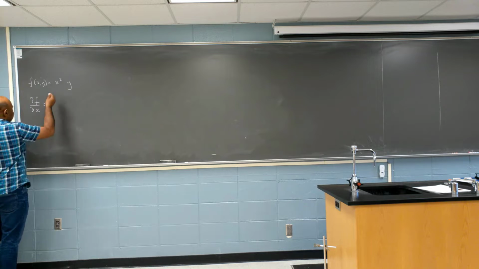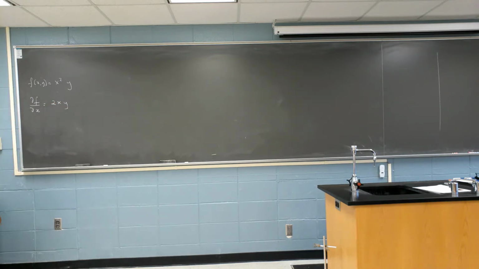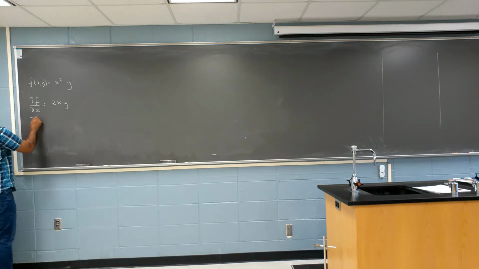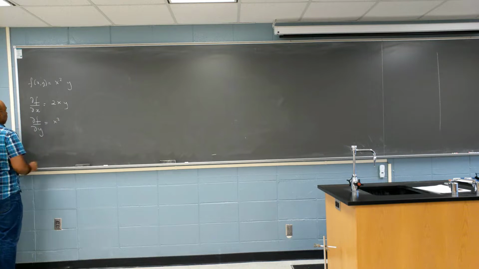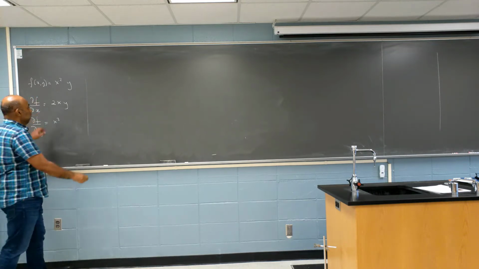What do we get? Well, I know you know that I know that you know. So there it is. I'm not going to waste time. And then this is x squared. And then what I'm going to do is take the mixed partials.